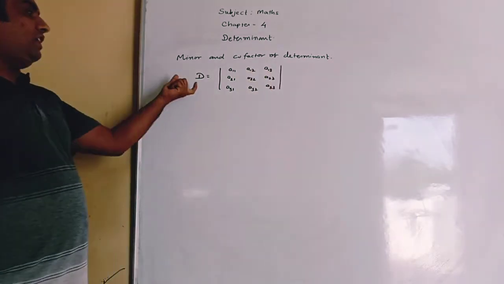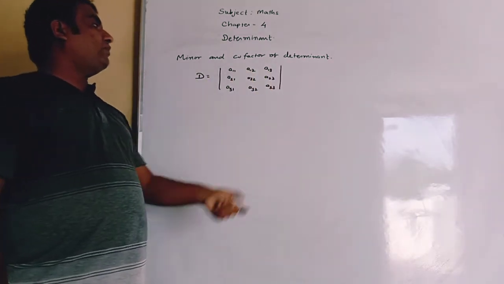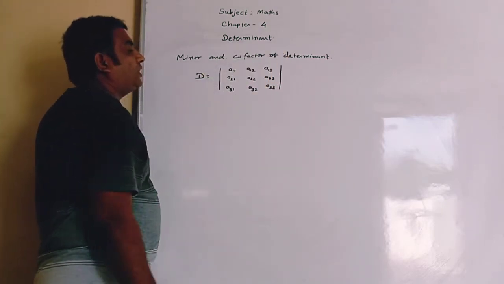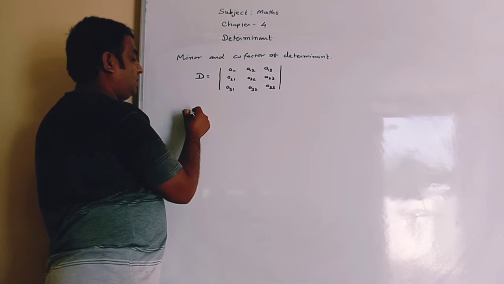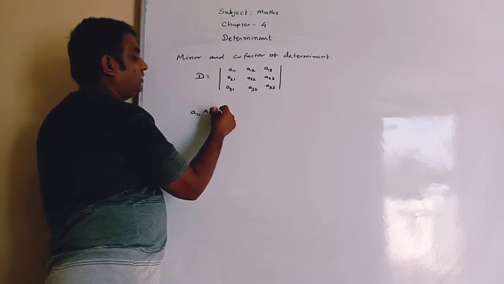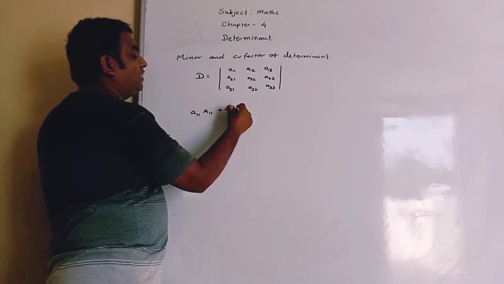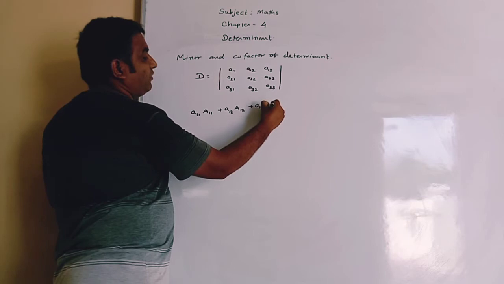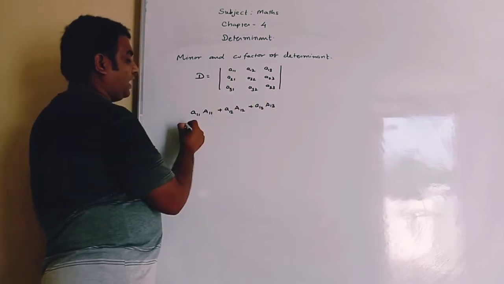Now determinant D multiplied with the same row's cofactors means the first row's elements are multiplied with the first row's cofactors, that is a11 into A11, a12 into A12 and a13 into A13. Then what do we get?